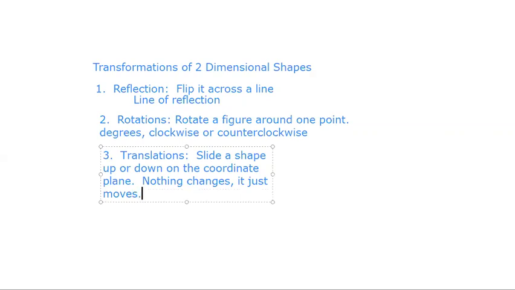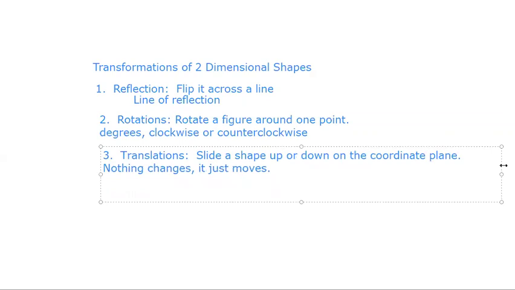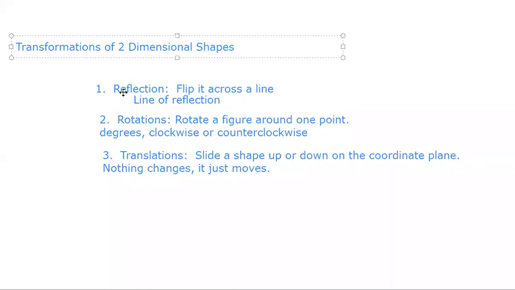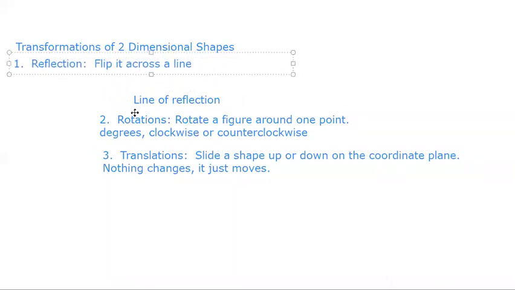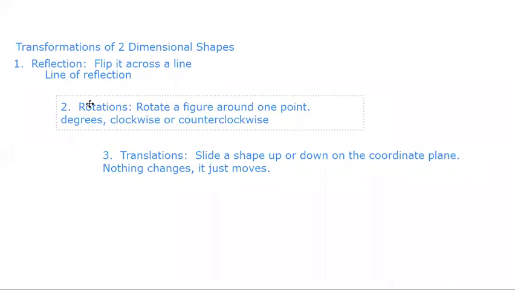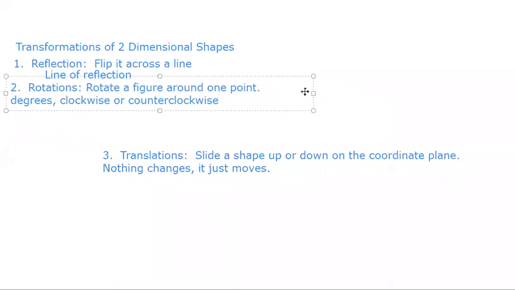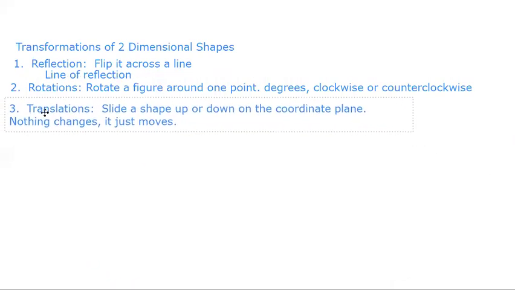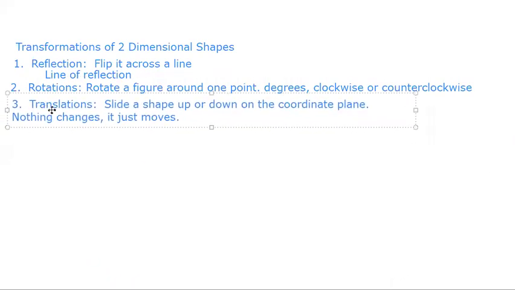So if you lay a piece of paper out on your desk and you scoot it up and over, that's a transformation. So we have that reflection, that's when you're using a mirror. We have rotation, and we have translation. That's our third one, translation.